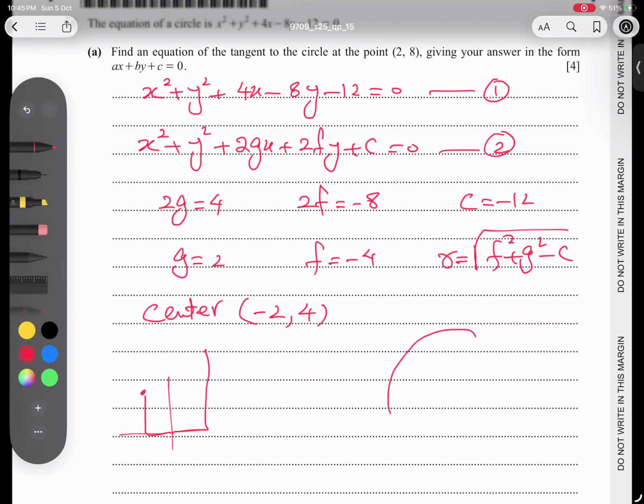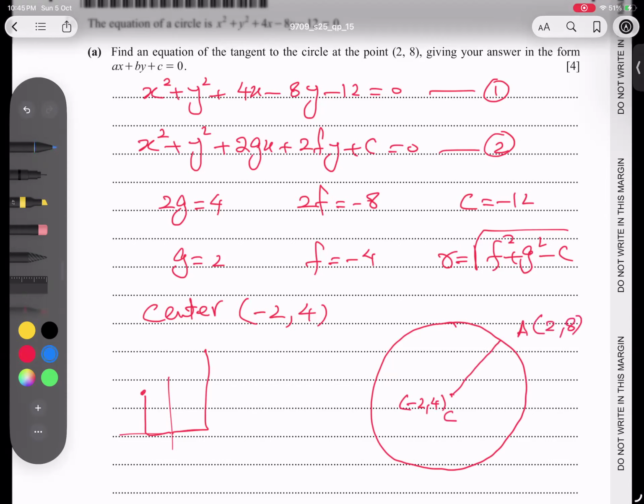I will show you what I'm saying. Okay, so this is the center of the circle, and that point is -2 and 4. And this point is somewhere here, and it is not labeled, so I label it as A. I label the center as C. And A is 2, 8, given on top.